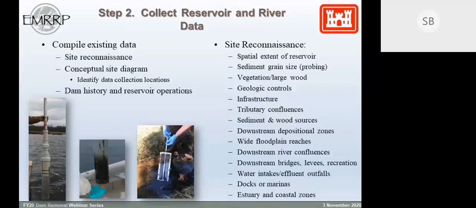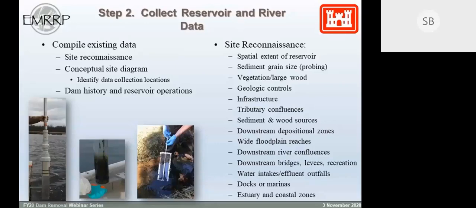And then site reconnaissance can be used to document physical conditions, such as the long list listed here. And it's also important that the conceptual diagram that we developed in step 1 be used to identify locations for data collection and should be modified as information becomes available.